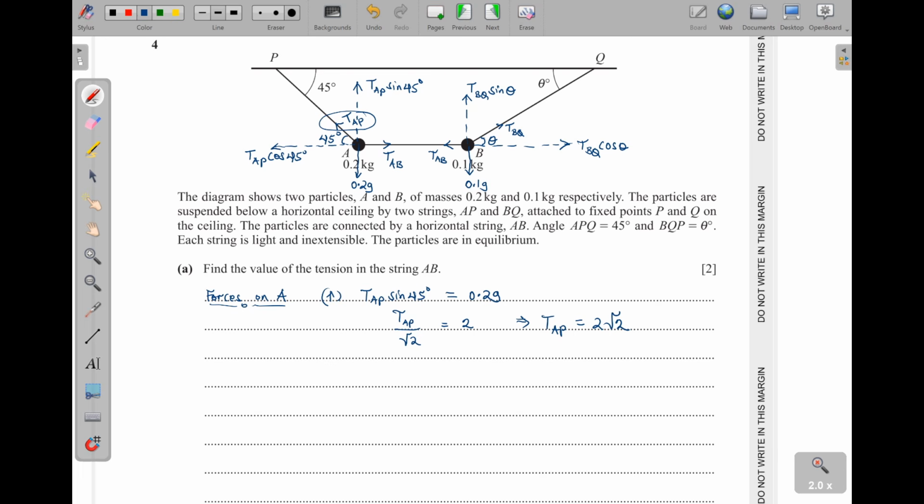Okay? Then I keep that one there. Then horizontally, again acting on A, we have TAB here equal to what is going this side. Remember, the forces are in equilibrium. So TAB is equal to TAP, then cos of 45.